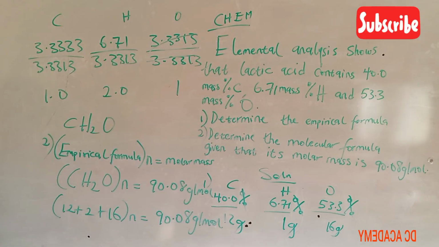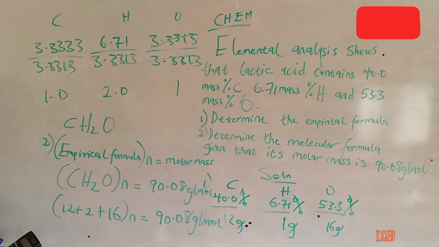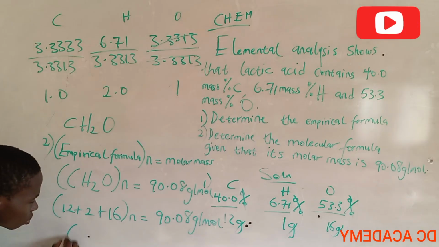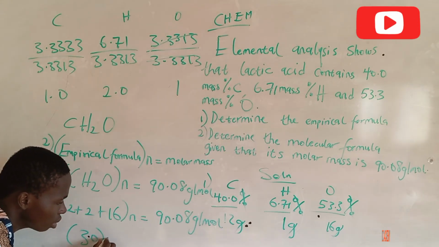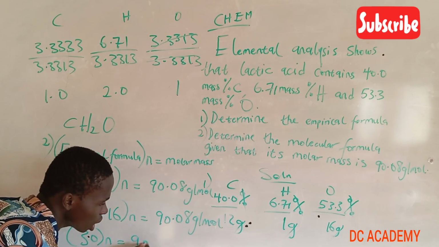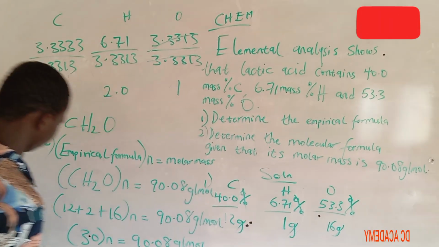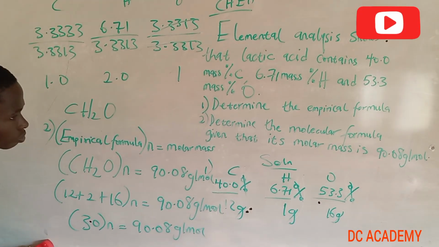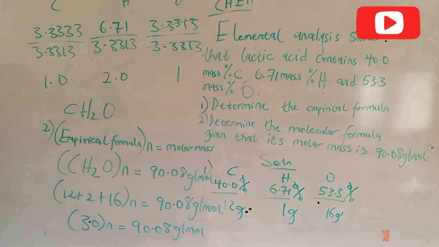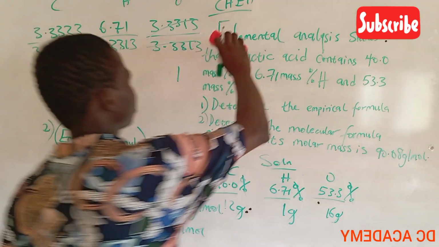Now, sum this up. We have 12 plus 2 plus 16, actually it's 30. So 30n equals 90.08 gram per mole. This is what we have. Now, let's proceed.